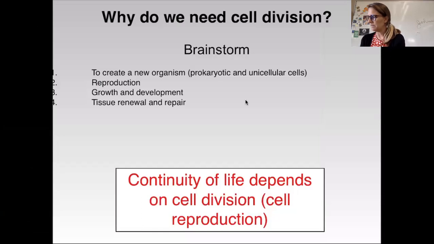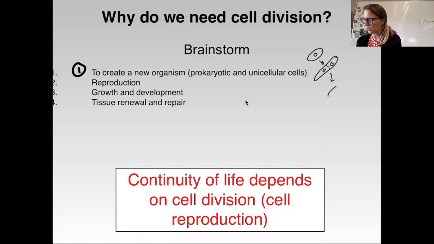So what do we need cell division for? There are four main reasons we need cell division. One, to create new organisms. Remember, for example, if you had a bacterial cell, a prokaryotic cell, it's going to get longer, duplicate its DNA, and then split into two.